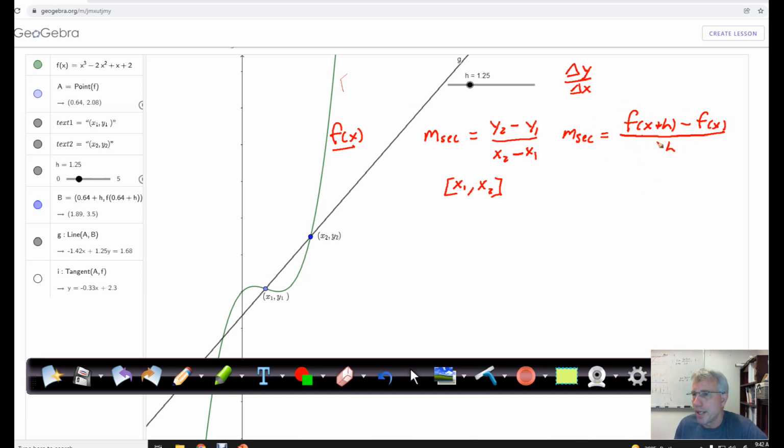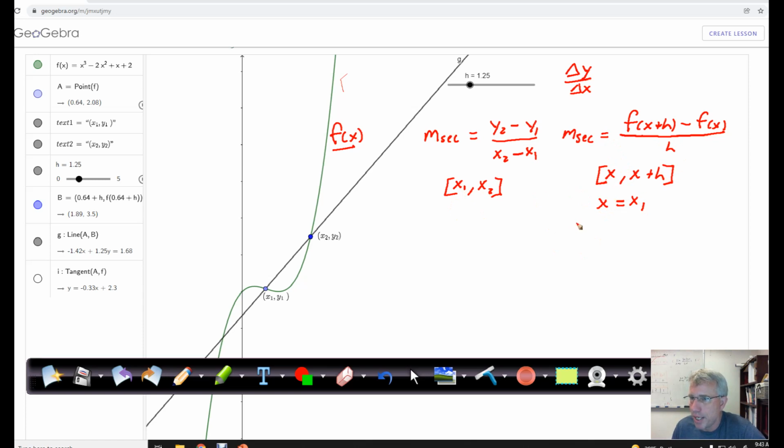And this formulation for finding the slope of a secant line is related or equivalent to this method for finding the slope of a line. And it's related in this way. We work over the interval from, instead of x sub 1 to x sub 2, it's from x to x plus h. So the x is x sub 1.